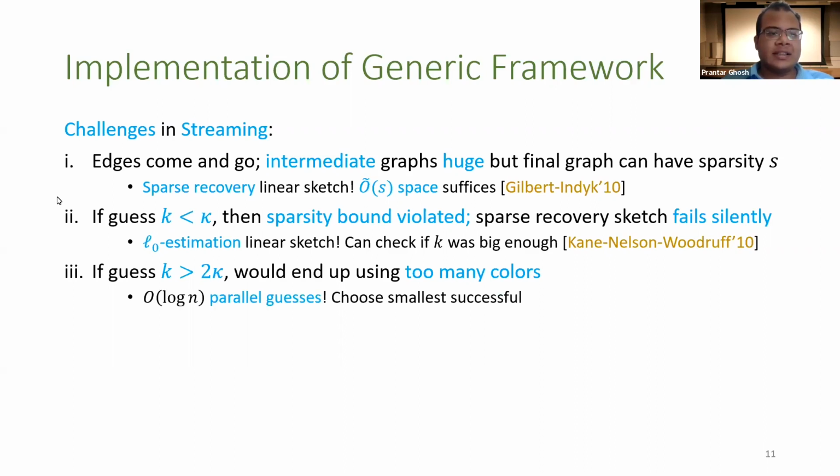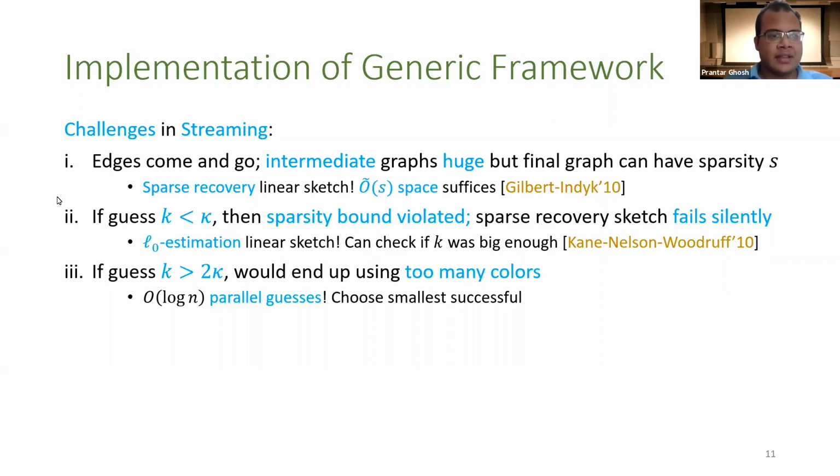In that case, it's easy to fix. We would make log n many parallel guesses in powers of 2 and then choose the successful coloring that uses the smallest number of colors. By the LDP theorem, for the guess that is between kappa and 2 kappa, we would actually get a good coloring.